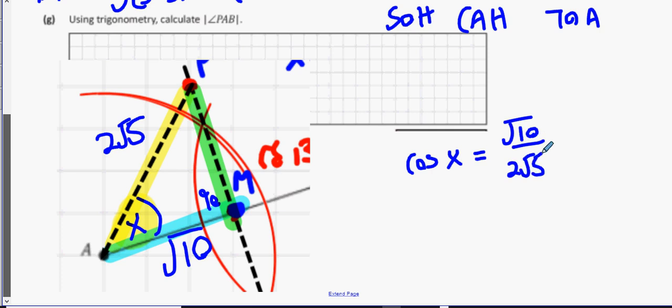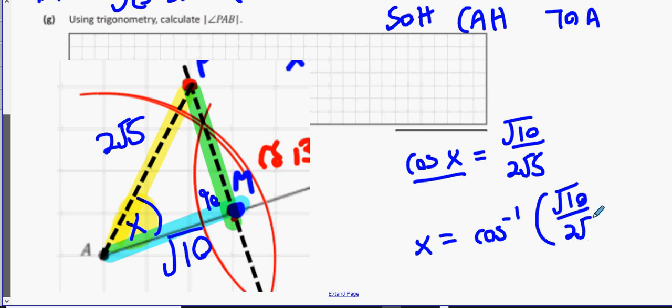What's the only way to separate cos from its angle? Cos inverse, or cos power minus 1. Put that into your calculator and make sure your angle is in degrees. What did you get, Charlie? 45 degrees. Yeah. Okay. Is that the only way to find it? Yep.